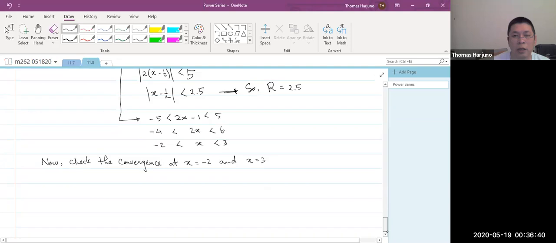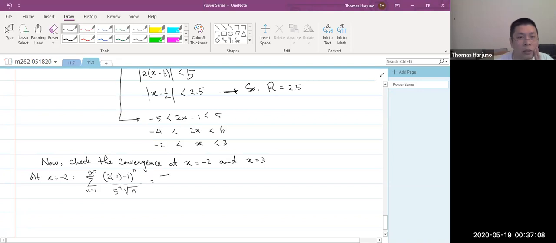Now let's see at -2 first. At x equals -2, the series will be 2 times -2 minus 1 to the n over 5 to the n square root of n.